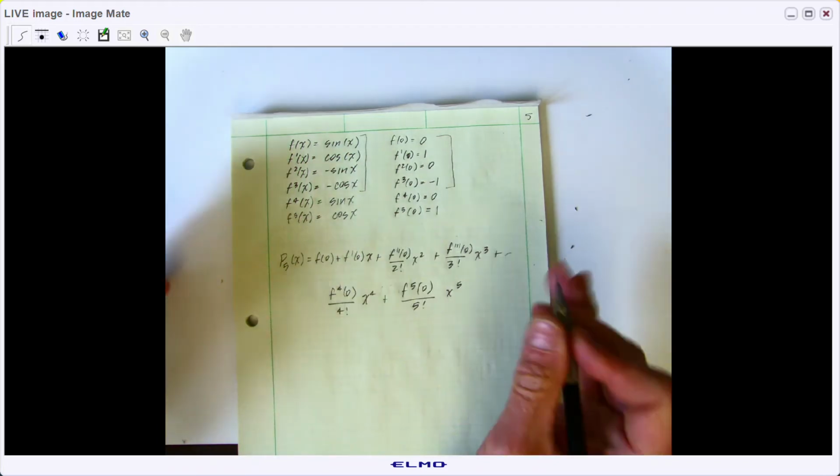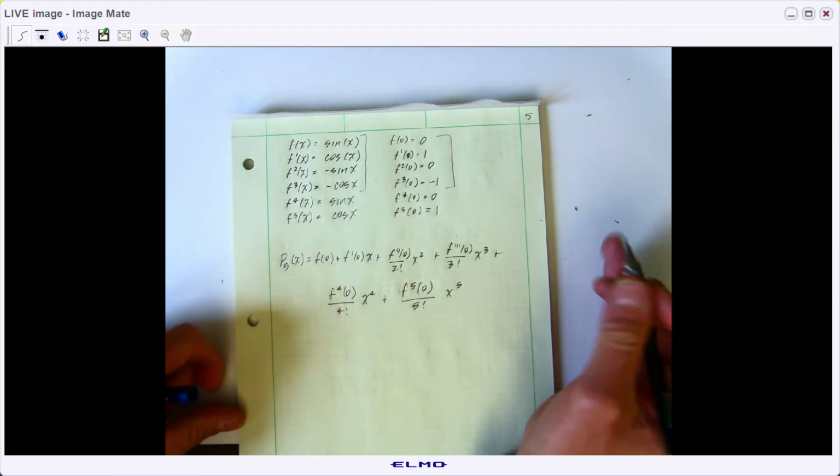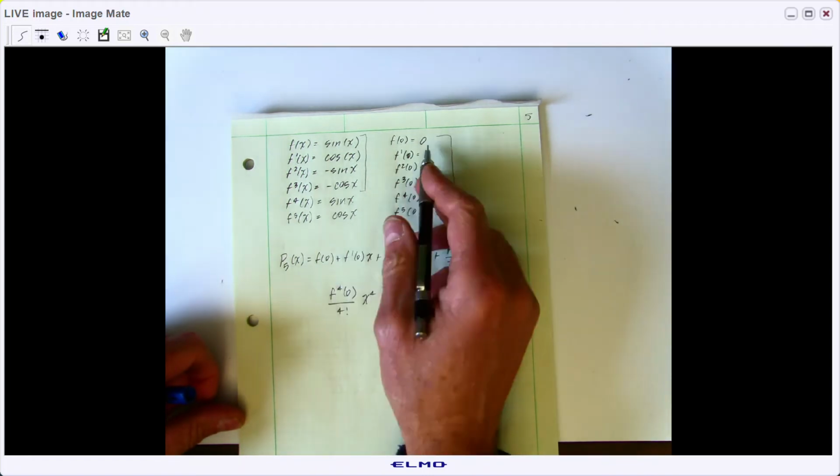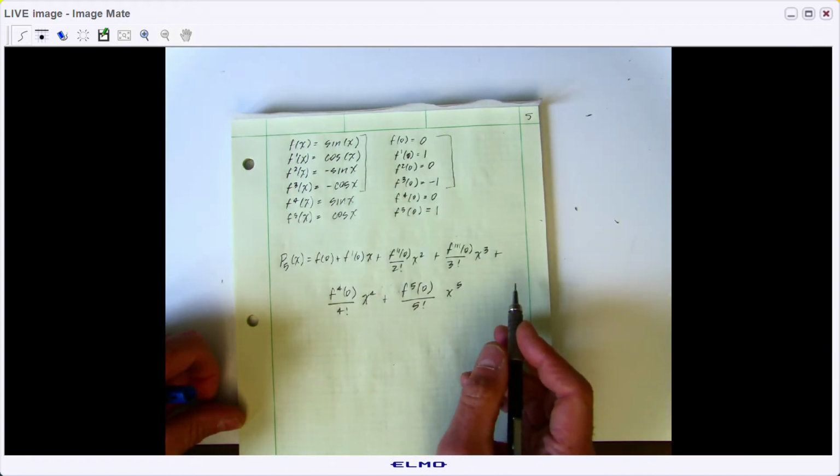So I'm just plugging into the general form for the Taylor polynomial series, and now I can just pull off the constants that I need up top here.